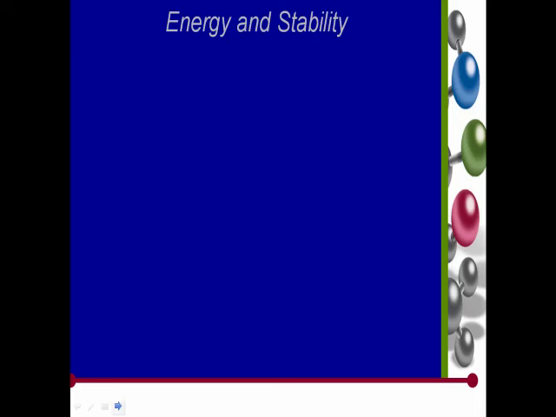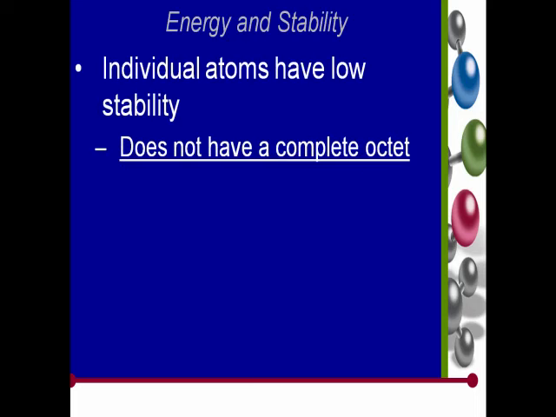Energy and stability. So we know that most elements on the periodic table do not have a complete octet or a complete valence shell. These elements then have a low stability. In other words, they want to form bonds in order to achieve that complete octet. For example, if we talk about the element hydrogen, hydrogen is a group 1 element, so it has only one valence electron.